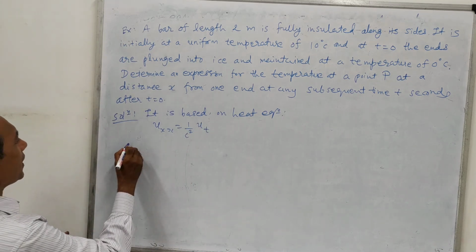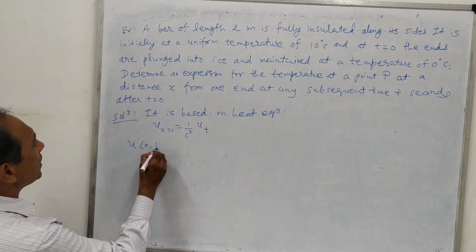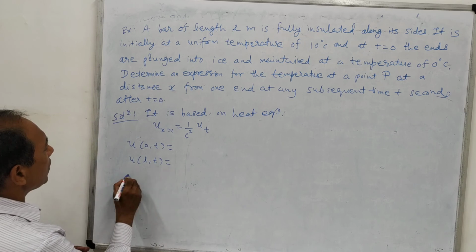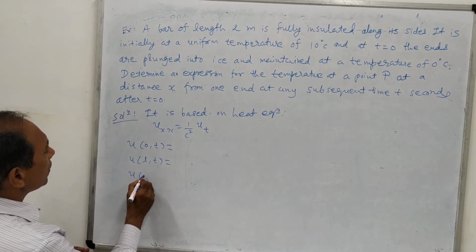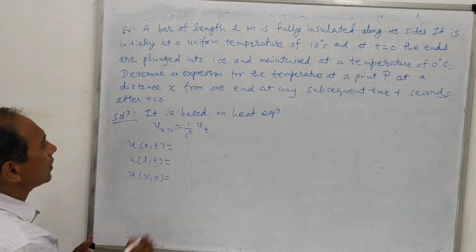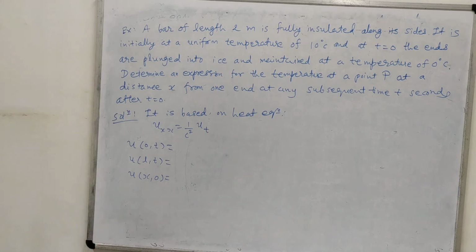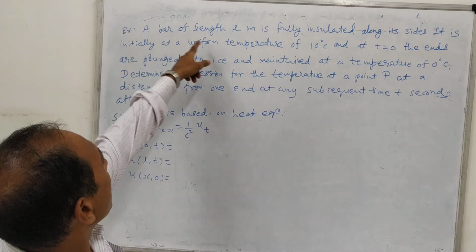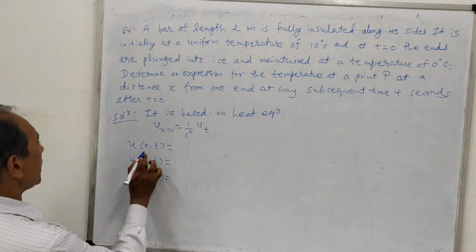With the equation we will require three conditions: two boundary conditions, u(0, t) and u(l, t) equal to 0, and u(x, 0). Once you identify these three conditions, the problem will become very simple. Here it is written that the bar is of length 2 meter, so here L equal to 2.